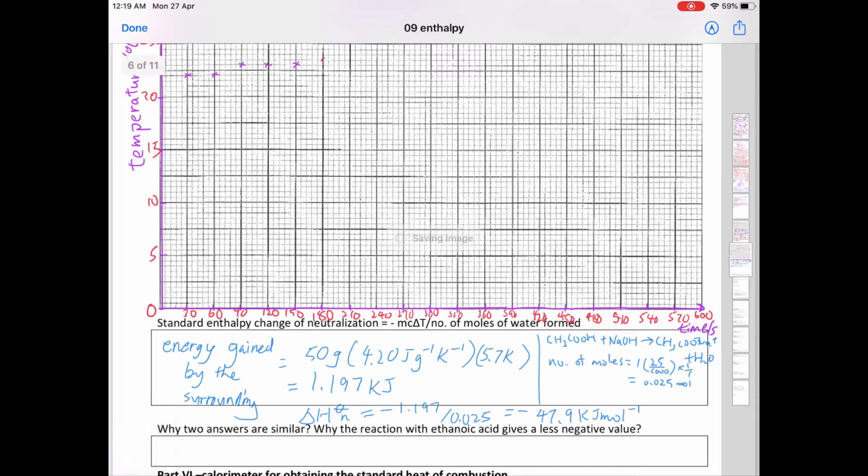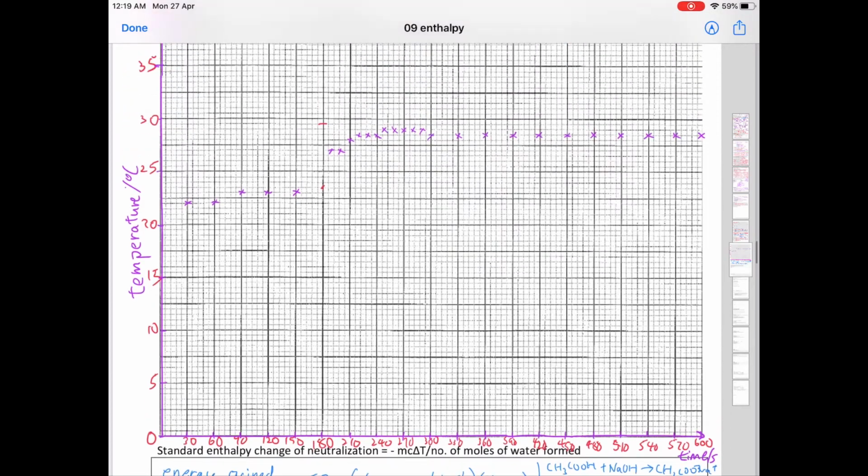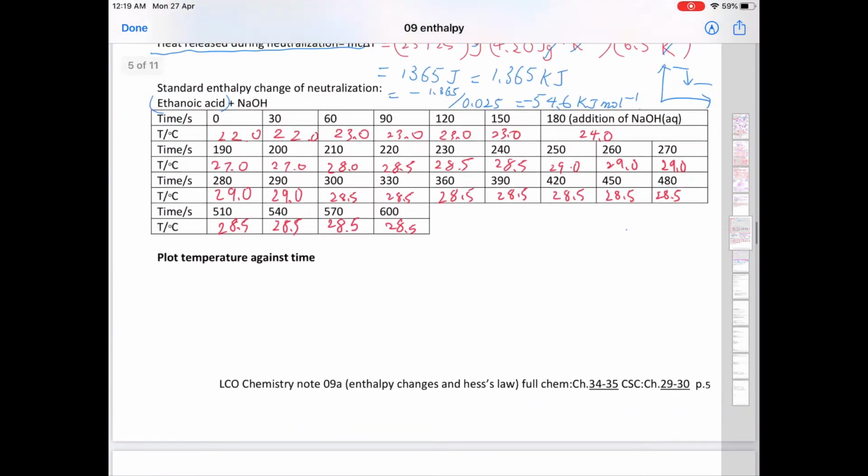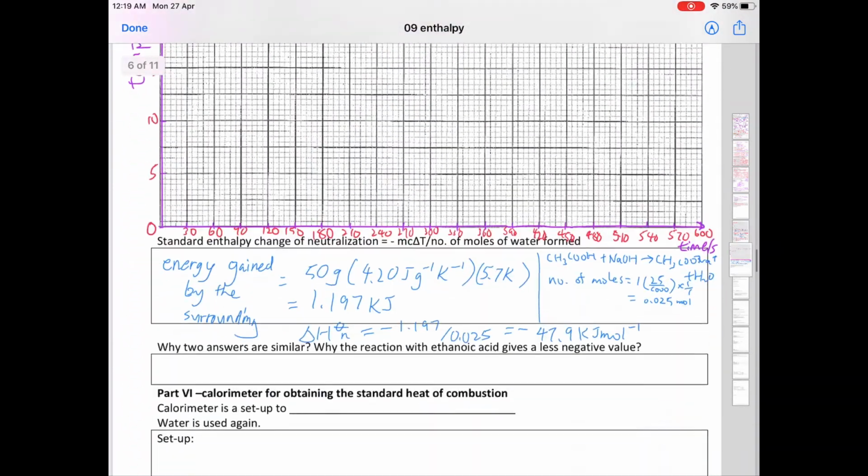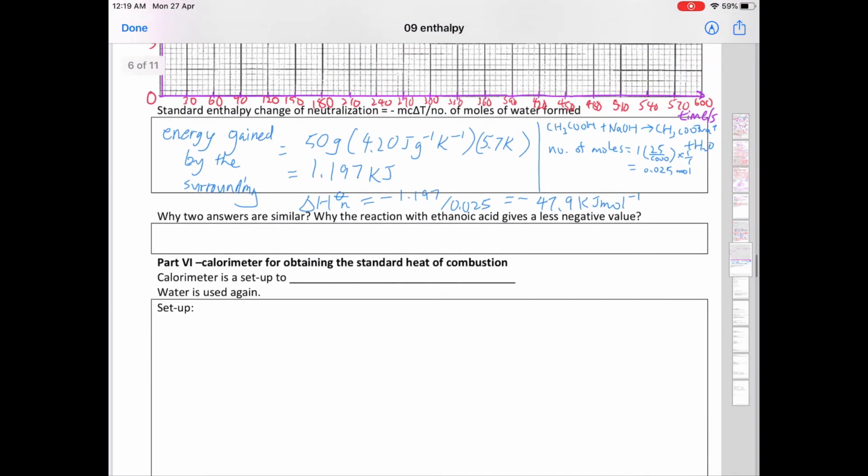Although in these two experimental results they are not similar, maybe because of some experimental error, in fact you can get a similar number if you perform it well. It's roughly equal to negative 50 kilojoule per mole. And if you write down the ionic equation of these two reactions, it will be like this.